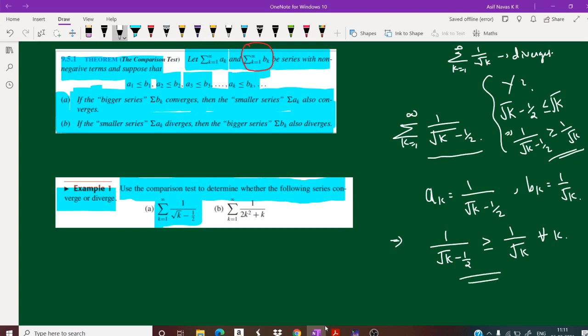So what can you tell about sigma 1 by root k? The smaller series, is it convergent or divergent?